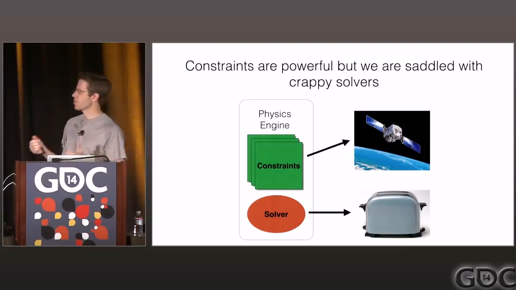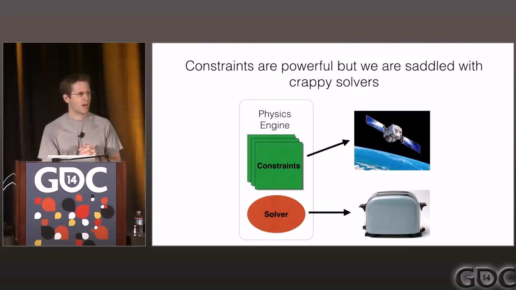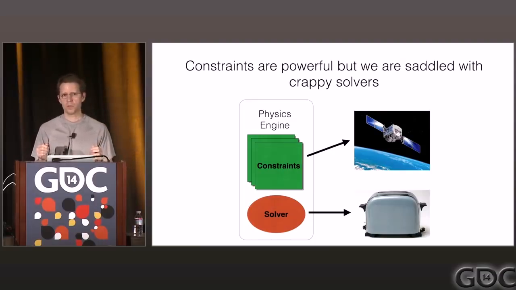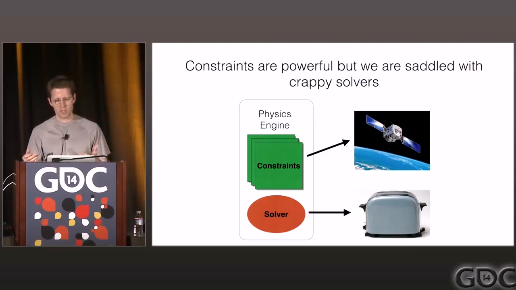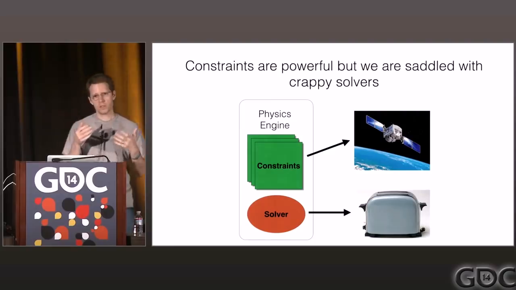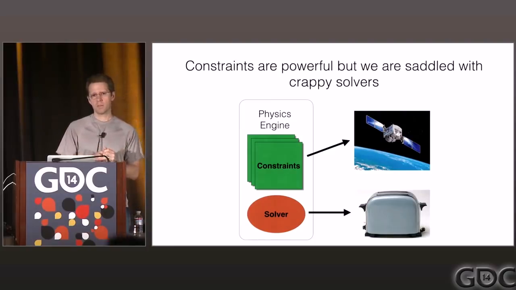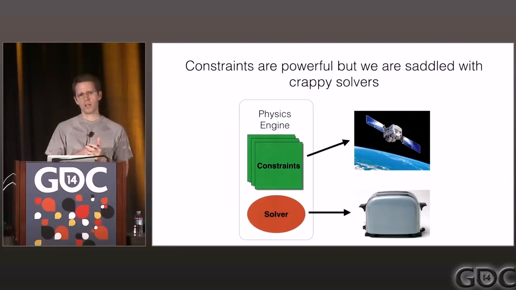We can model and program our constraints to a high degree of accuracy. They can be accurate enough to simulate a robot or a satellite. But the problem in games is that if we want to solve these constraints precisely, we need cubic time and we need quadratic memory.